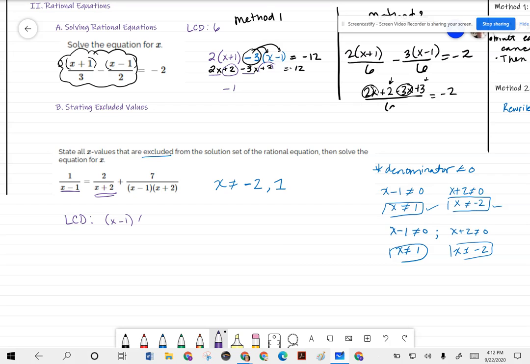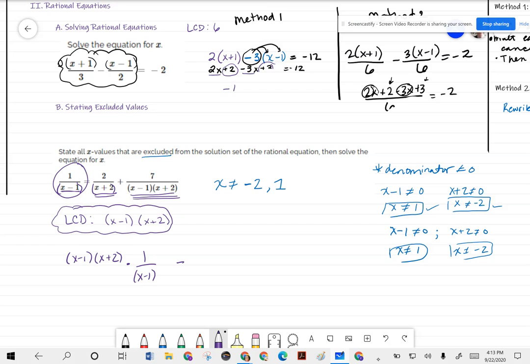I also have to have a denominator of x plus 2. So I look over here, I already have x minus 1 and I already have an x plus 2. So that's all I need. So that's my LCD. So what I'm going to do is multiply the x minus 1, the x plus 2, times 1 over x minus 1. And I like to put my binomials in parentheses. And that's going to equal, right?